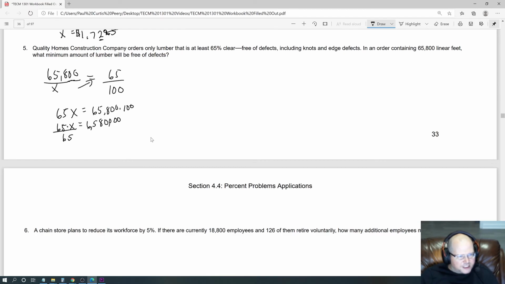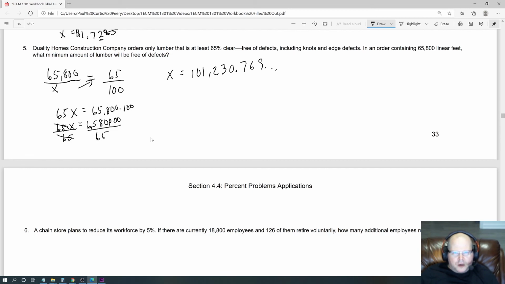We undo the multiplication of x by 65 by dividing by 65. And whatever we do to one side, we do to the other. That gives me x is equal to 101,230.769, so we end up with something like that.